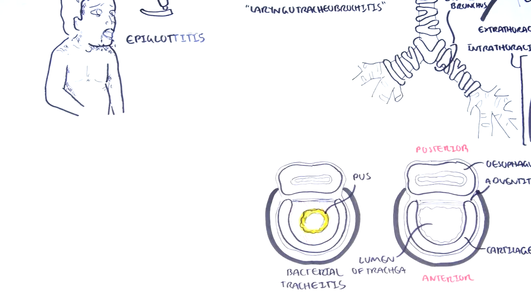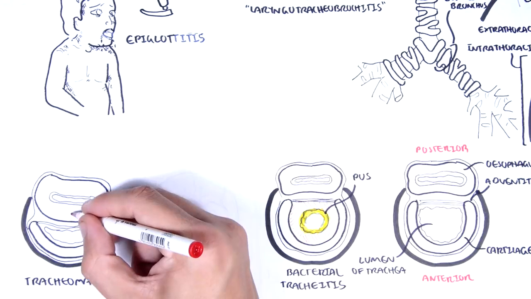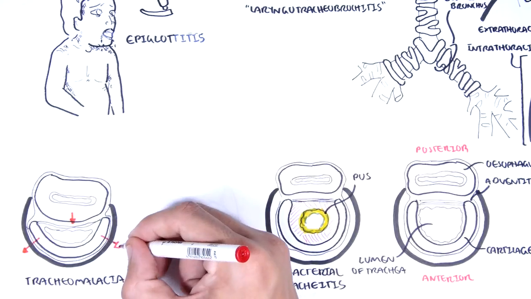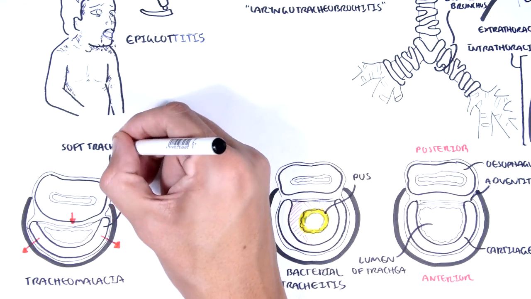Other tracheal causes of stridor are congenital causes, including tracheomalacia and tracheoesophageal fistula. Tracheomalacia, which basically means soft trachea, is characterized by an abnormal tracheal collapse, secondary to inadequate cartilaginous and elastic elements supporting the trachea.